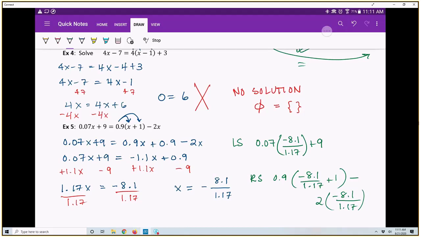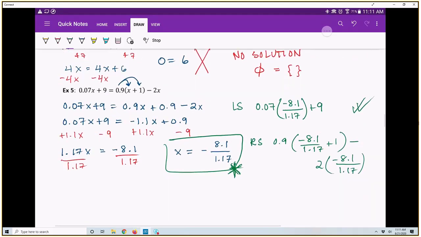So if I plug the left side into a calculator, plug the right side into a calculator, these do match. And so we get to say this is a perfectly good solution for our equation. If you wanted to simplify it, you absolutely may.